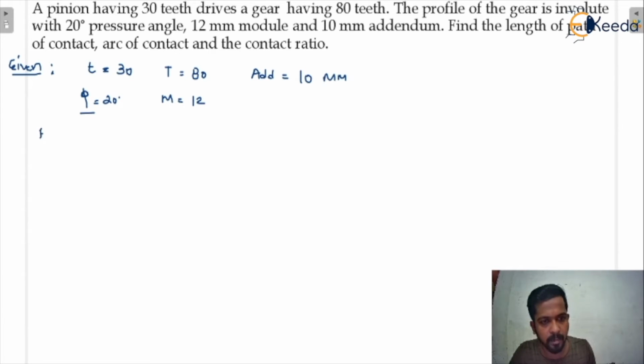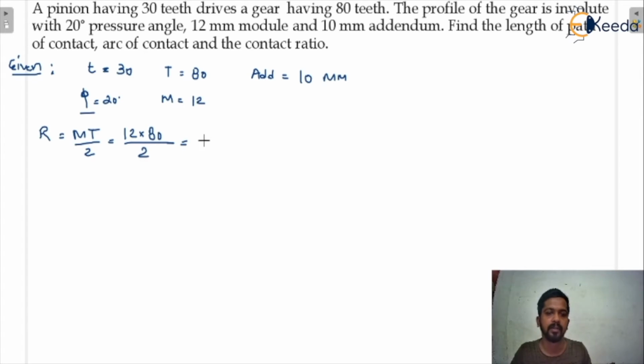So that is capital R, that is mt by 2. Yes or no? mt by 2, where m is 12 and t is 80, upon 2, and you will get 480. Okay, 480, you can solve this. Now similarly you can find the radius of the pitch circle for the pinion, that is mt by 2.